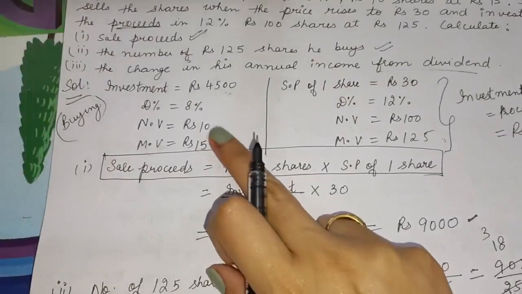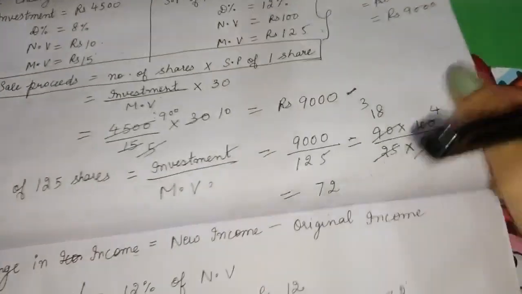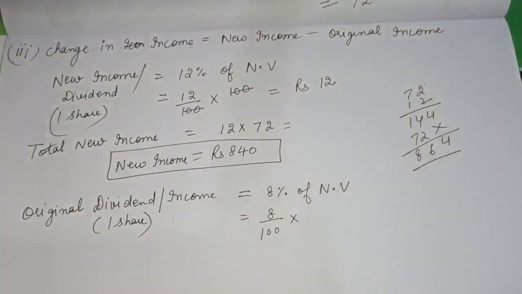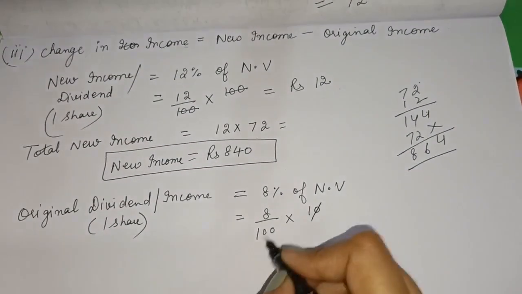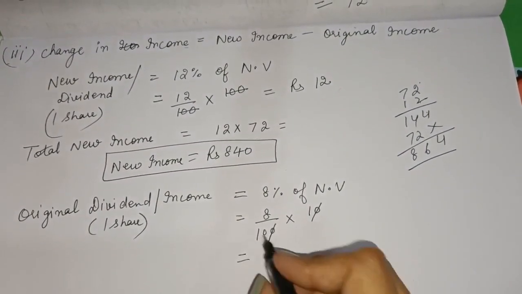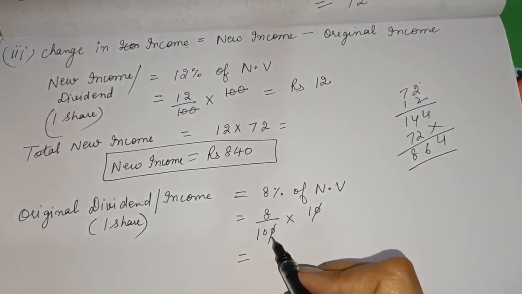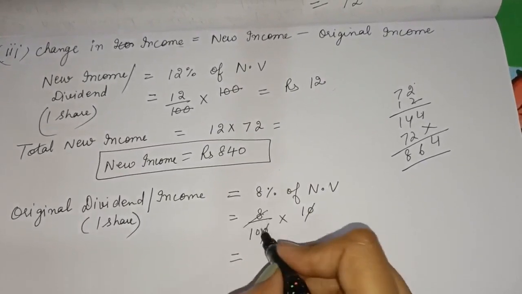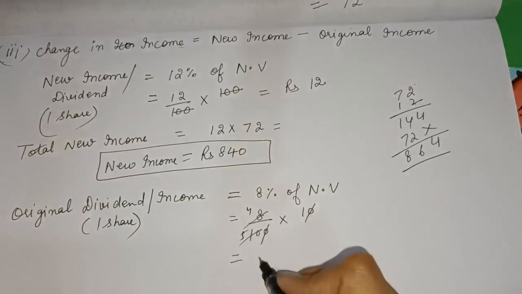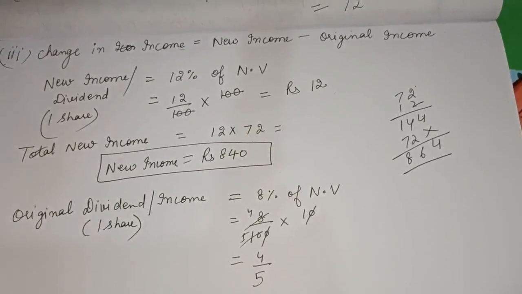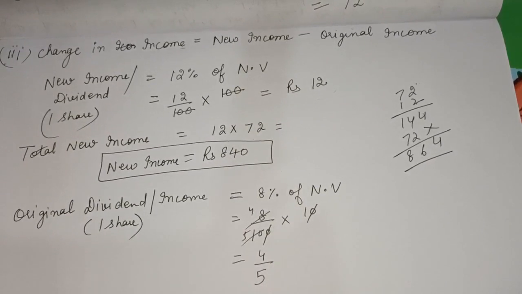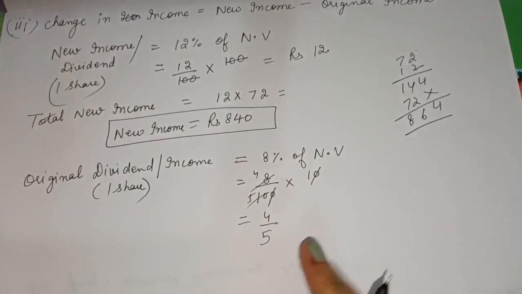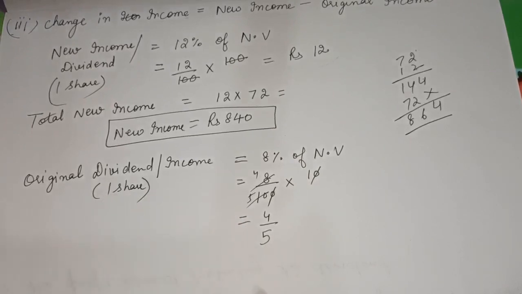NV here is 10. So it equals 4 by 5. Let it be in this form only, because when multiplying it with the number of shares, we can simplify it. So this is the original dividend on one share.